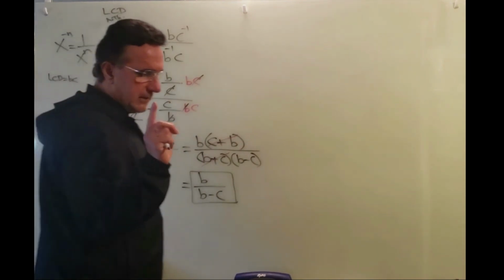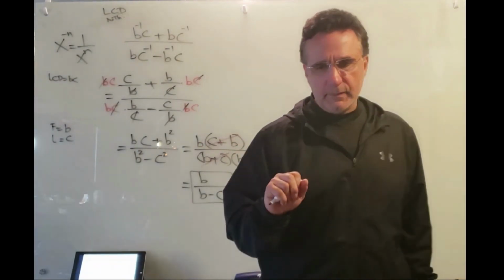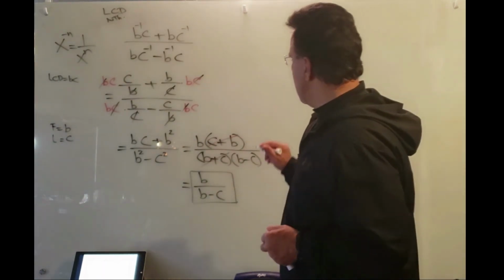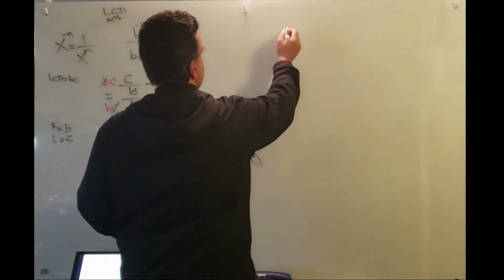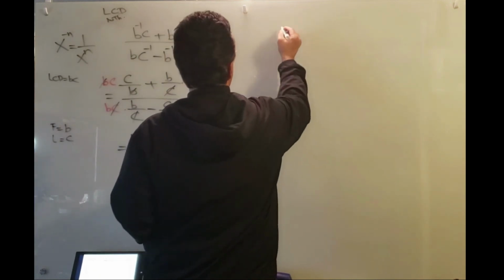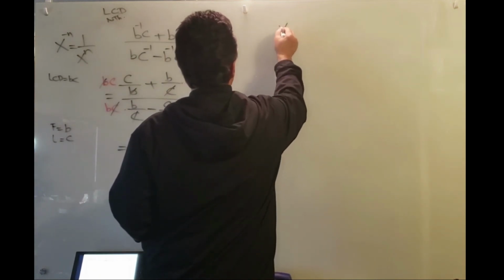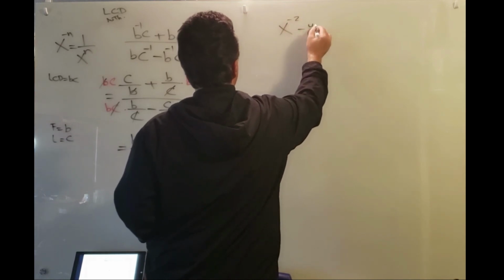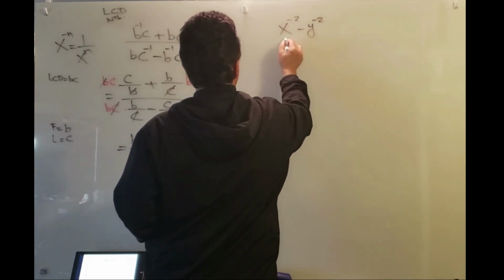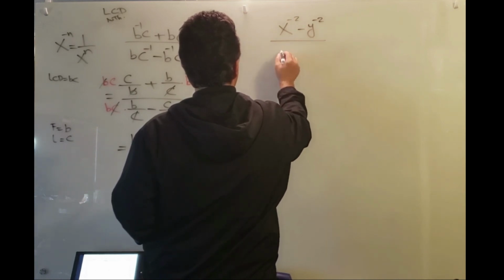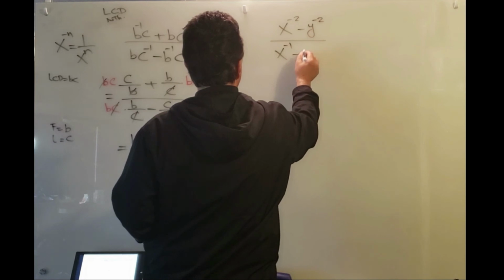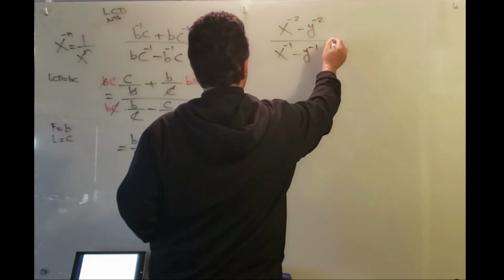All right. I would like to do one more problem together before we call it the day. And that is, I want you to try this first on your own and then we'll look at it together. So x to the negative 2 minus y to the negative 2 over x to the negative 1 minus y to the negative 1.